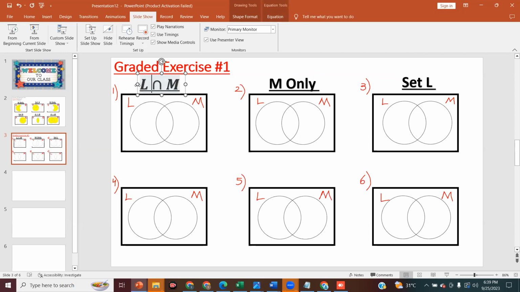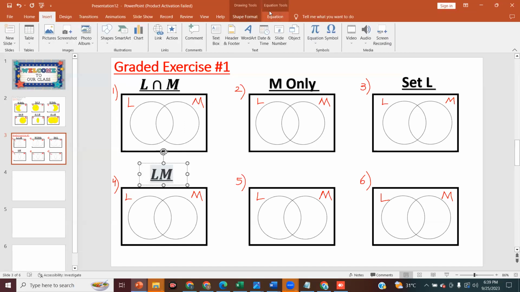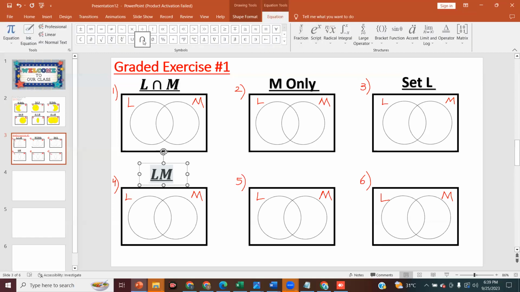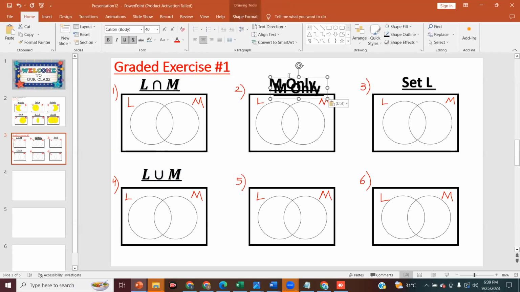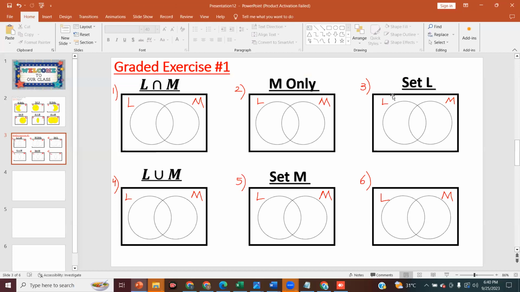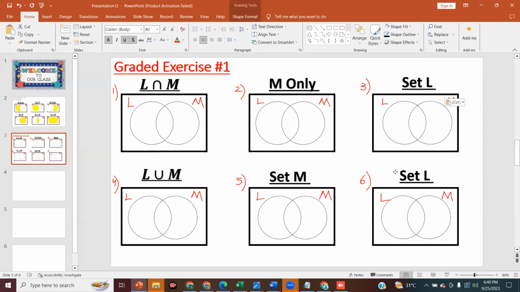Then I want the union of L and M. And I want set M. Then I want L only.